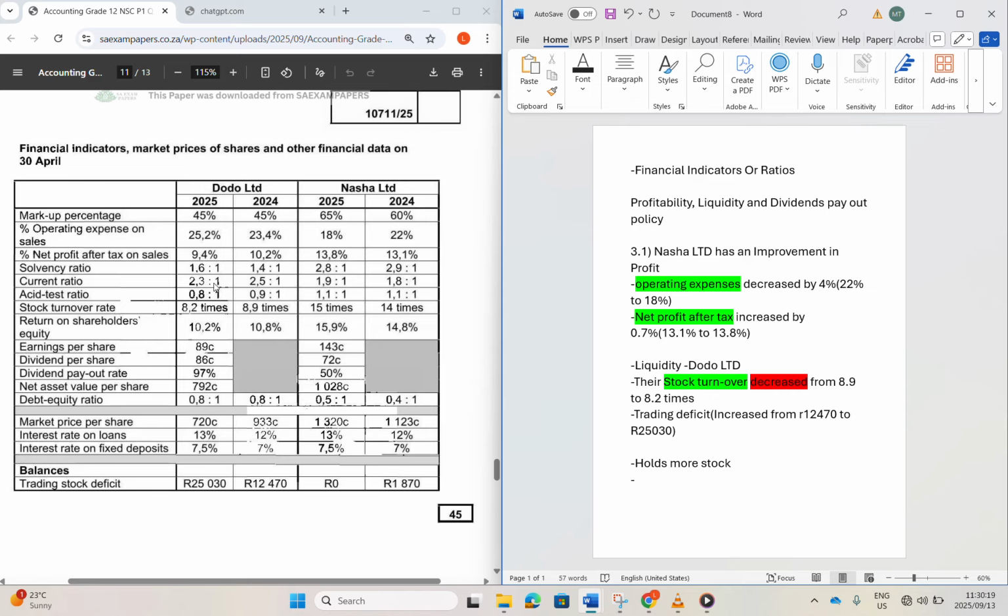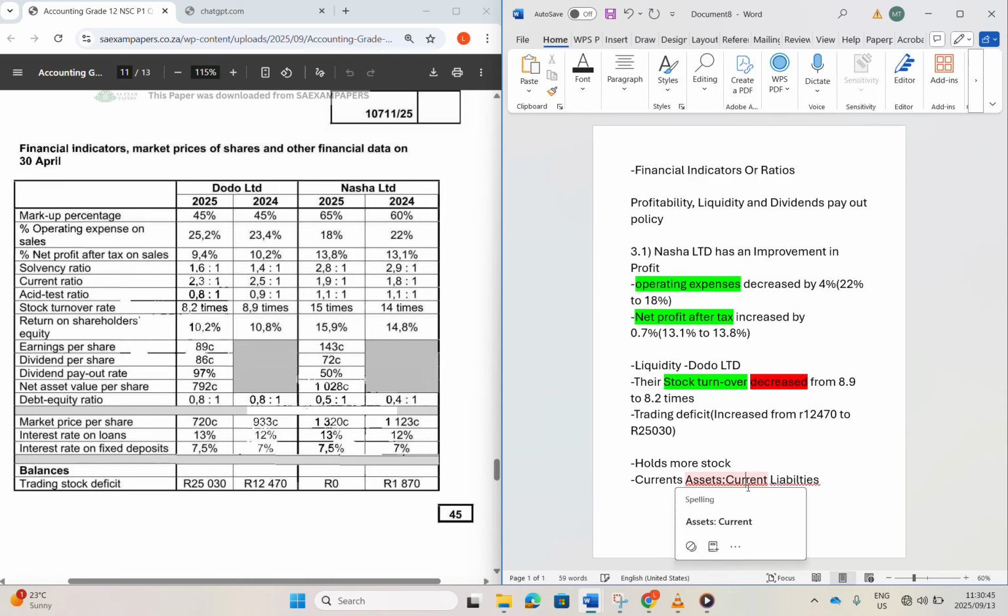So if we look at the current ratio of Nasha compared to the current ratio of Dodo, the current ratio formula says current assets is to current liabilities.